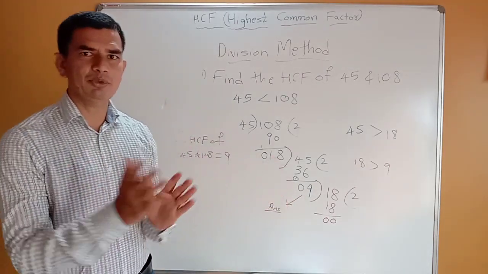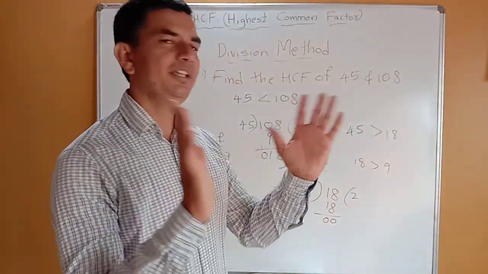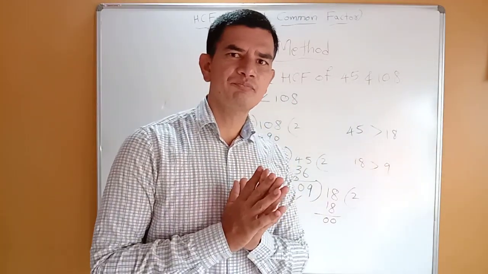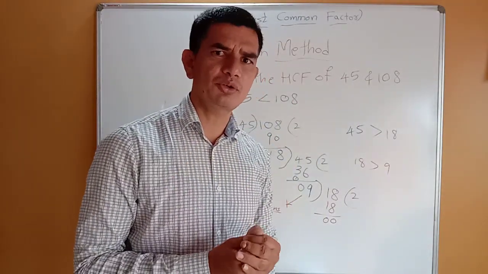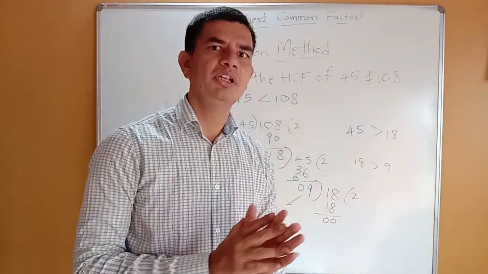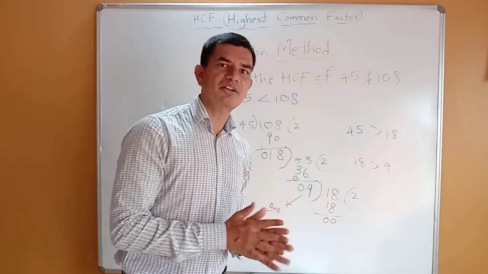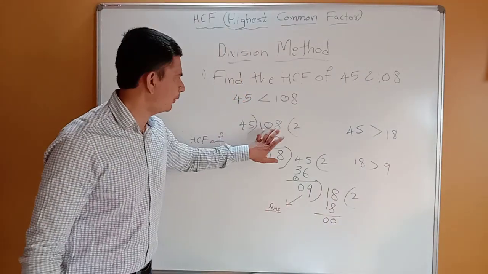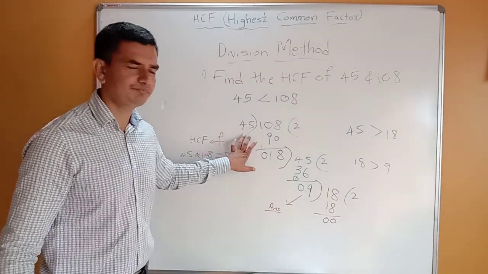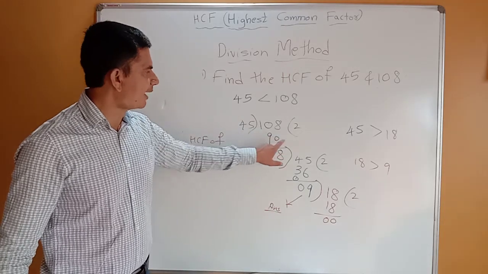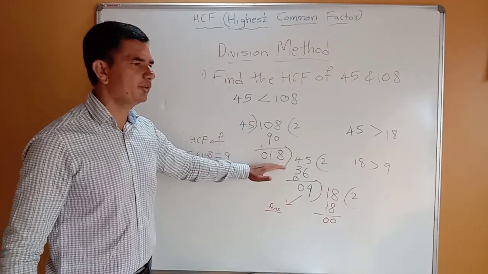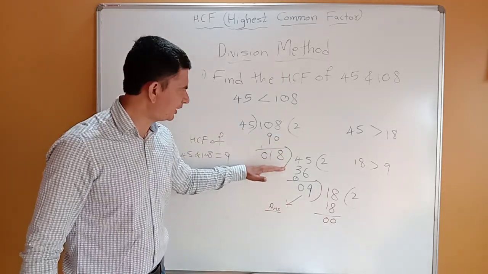Let me explain one more time quickly. See here, we have to compare the numbers. They may give 3 numbers or 4 numbers also, but here they have given 2 numbers. I have compared: between 45 and 108, 108 is the greater number. So we divide 108 by 45. After doing this, how much remainder are we getting? 18.